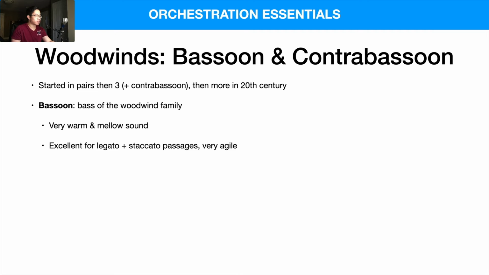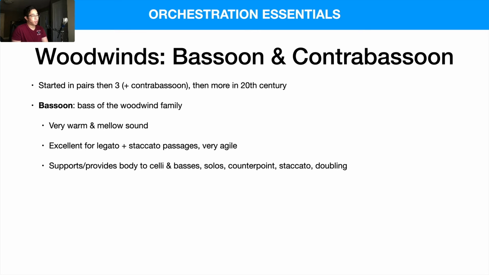There's a very warm and mellow sound. It's excellent for legato and staccato passages, equally I would say. And it's also quite agile, so it can perform runs and stuff.